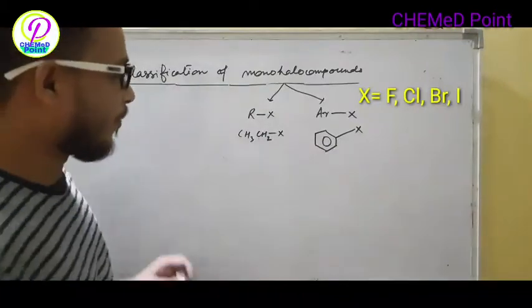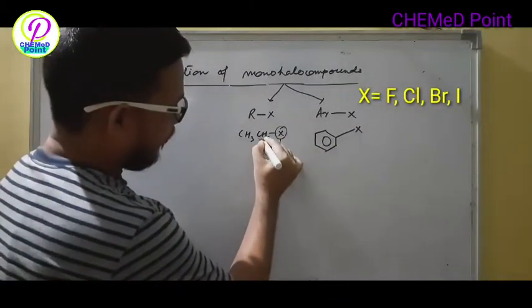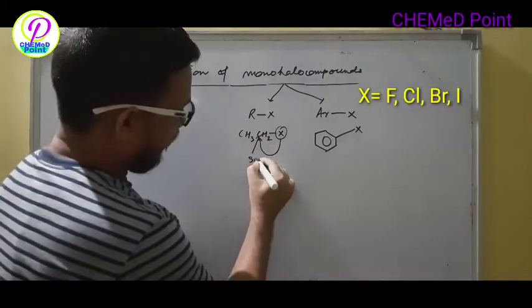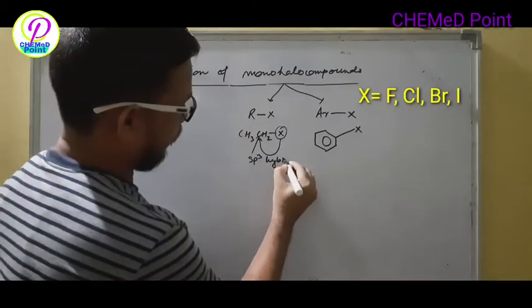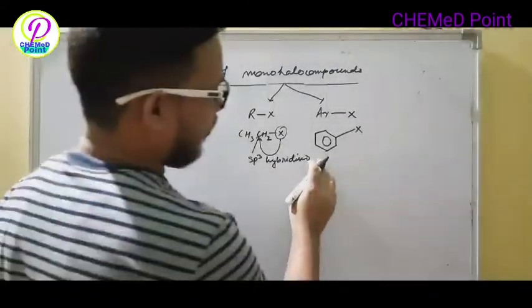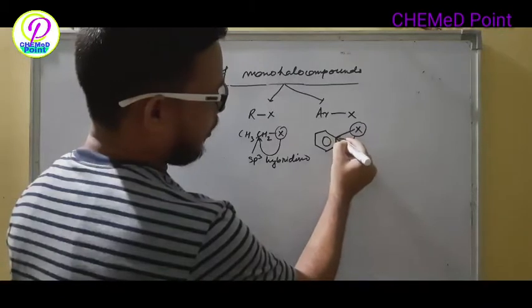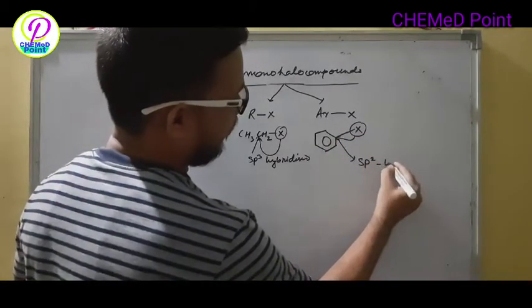Here you see the halogen atom is attached to the carbon of the alkyl group, and this carbon is sp3 hybridized. And in this example you see this halogen atom is attached to a carbon which is sp2 hybridized.